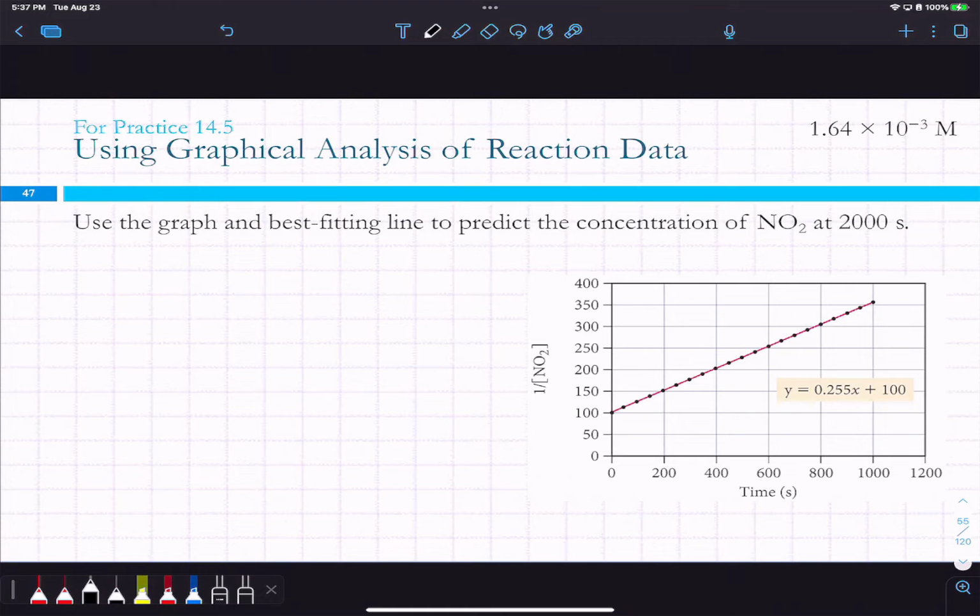And again, we can use the equation of the line, when we plot 1 over the concentration versus time, to get the K value, as well as to get the initial concentration. So again, this is the form, NO2 here, nitrogen dioxide. So 1 over the concentration at time t is equal to Kt plus 1 over the initial concentration.